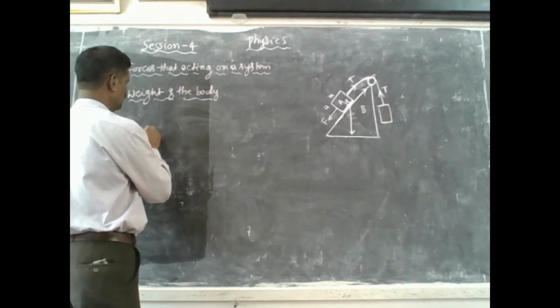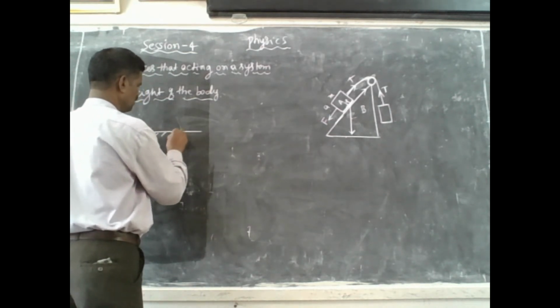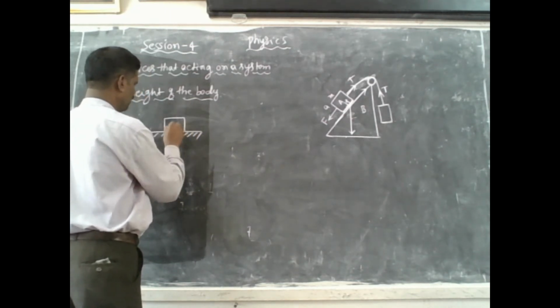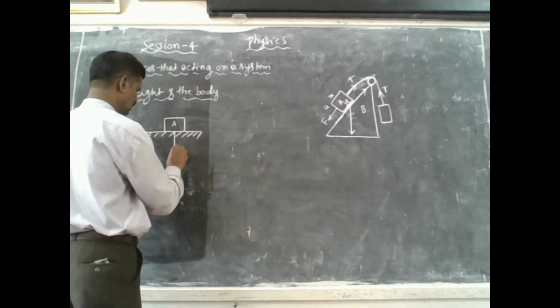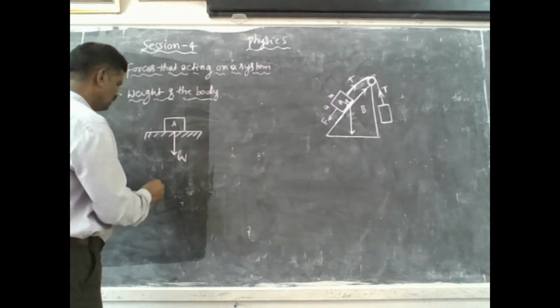Suppose here is a body, a body kept on another body B. This is indicated by W. W is the weight of the body.